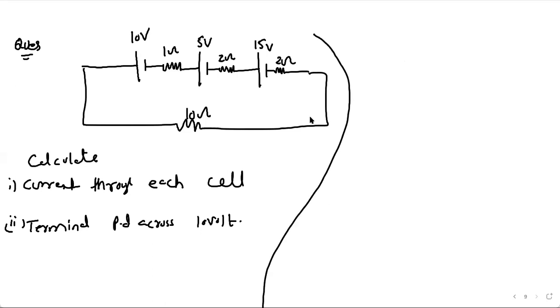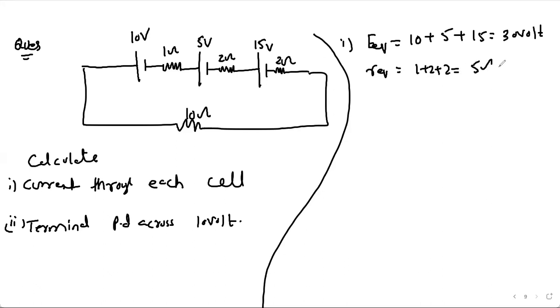Okay, let's solve it. So the first part. First of all, you need to calculate the equivalent EMF. The equivalent EMF is the sum of EMF of all cells: 10 plus 5 plus 15. That's 30 volt. Then get the value of equivalent internal resistance. It's 1 plus 2 plus 2.